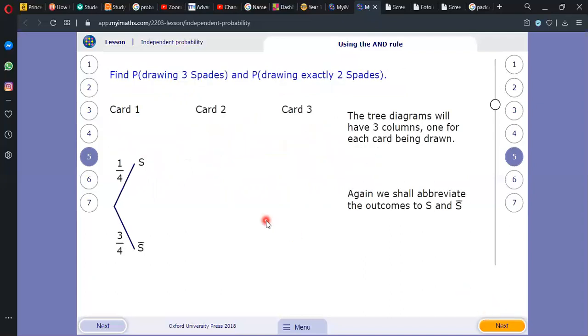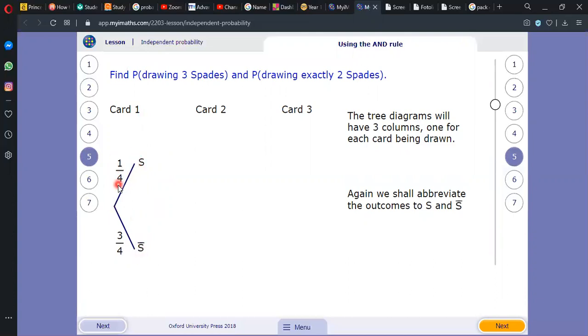All right. Let's see how the tree diagram would go. Like I told you, for all the events, card 1, card 2, and card 3. Okay? For card 1, we want to draw a spade. S is representing spade here. So the two branches should be probability of spade and not spade.